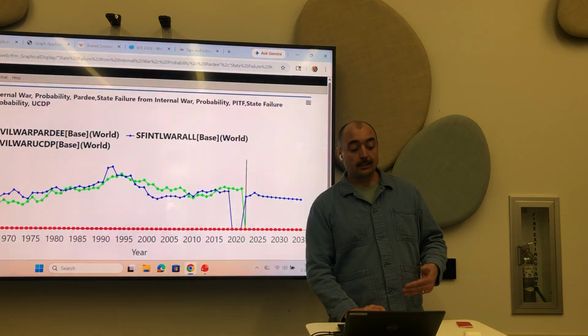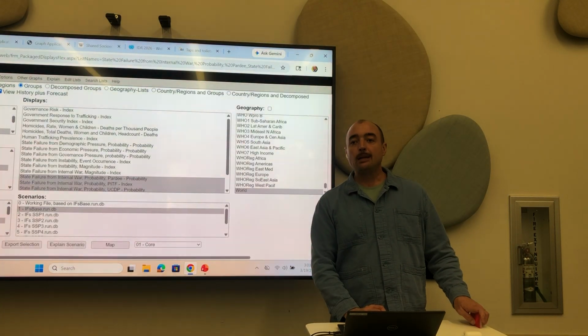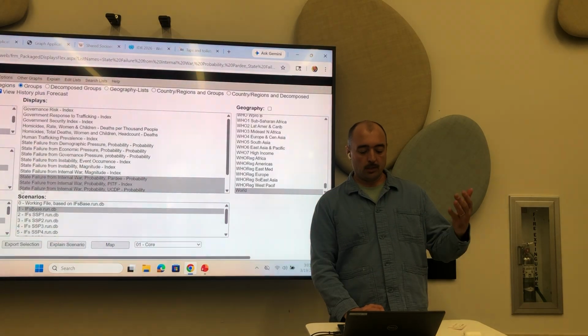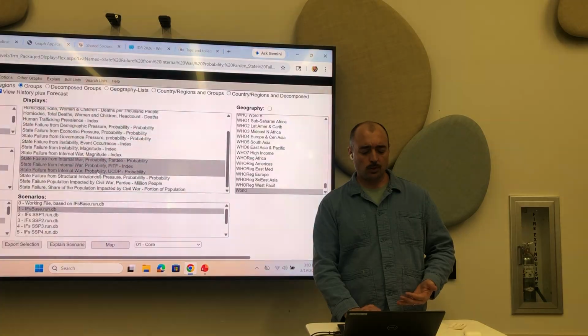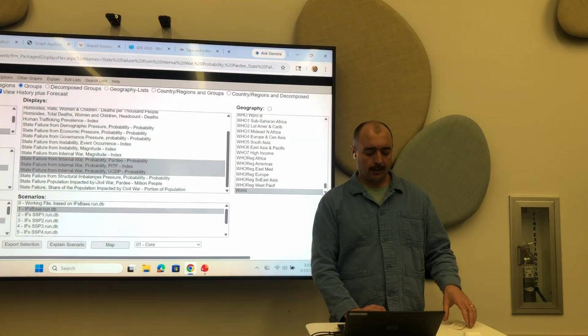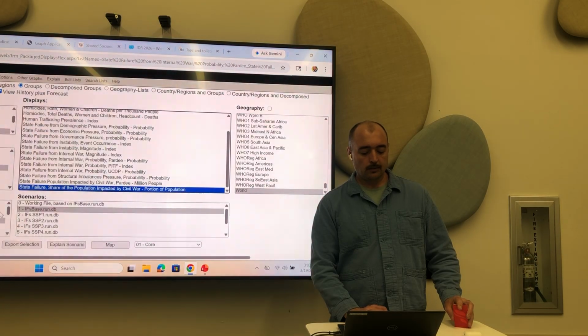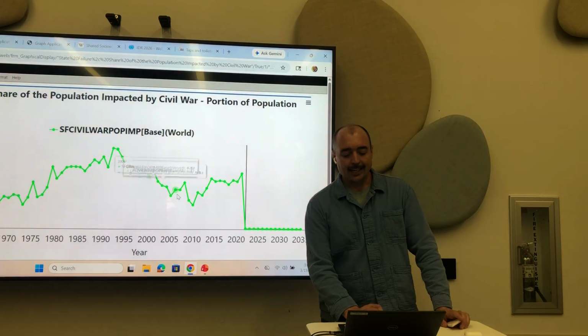But if you're studying civil wars, what's an even more important thing to understand? How many people are affected in countries, not just the binary. Cambodia in the 70s was off the charts. India has civil wars all the time, and most of their population isn't affected. I don't know what this will look like, but ignore the forecast.